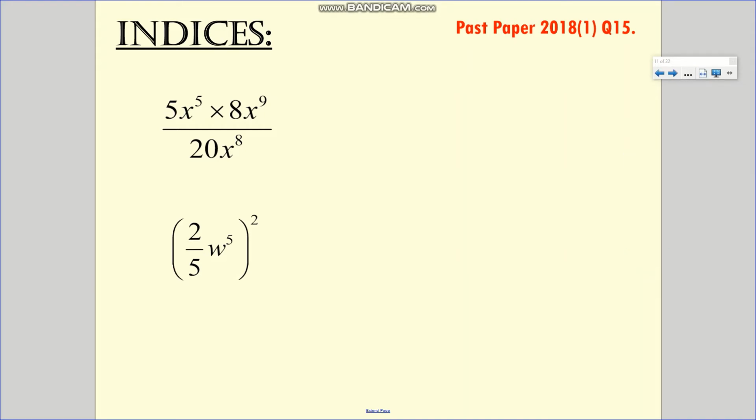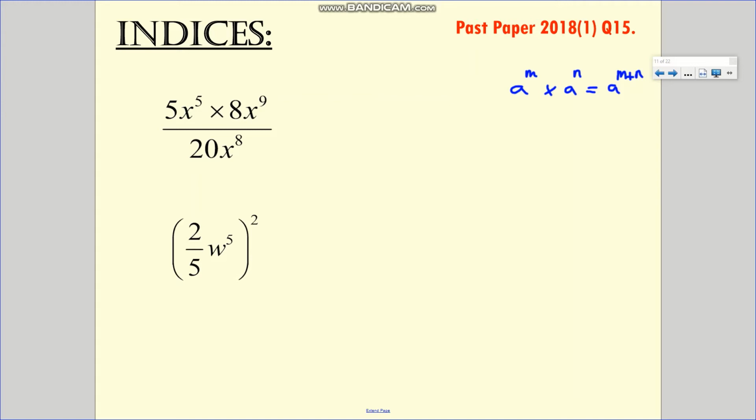The first is that if you take a base and raise it to an index of, let's say, m, and then you multiply that with the same base to the power of n, you are going to get the sum of those two powers as your new power. So the two numbers there, m and n, whatever they may be, will have to be added together to get your final answer.